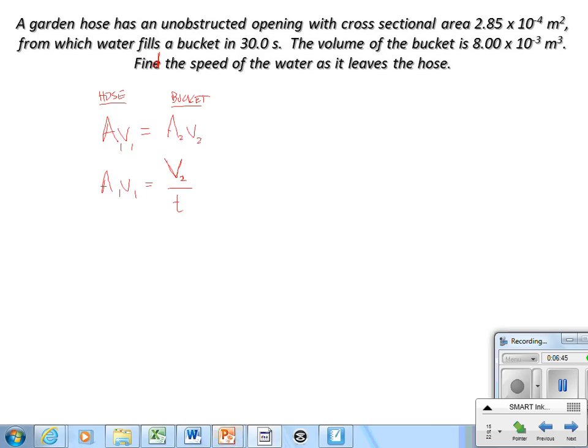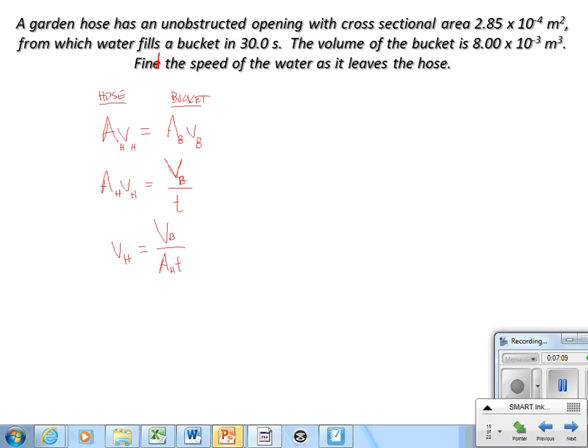So we'll call this hose, and we'll call this bucket. To find the speed of the water in the hose, we do this: V bucket over area of the hose times time.